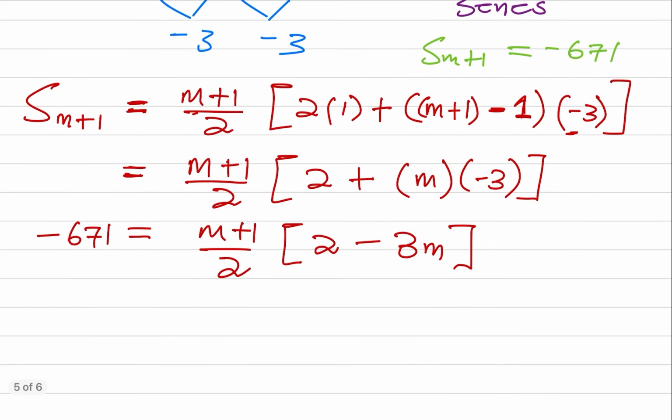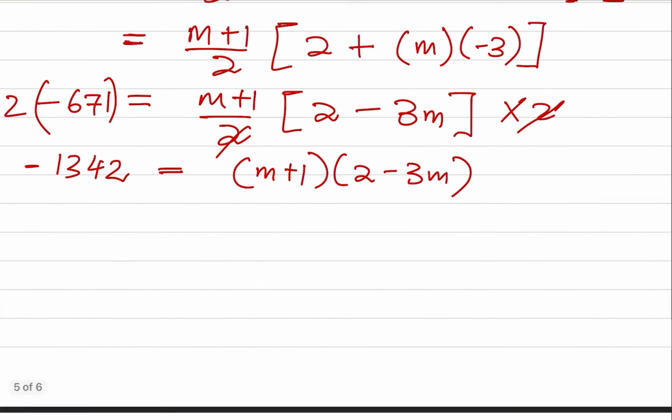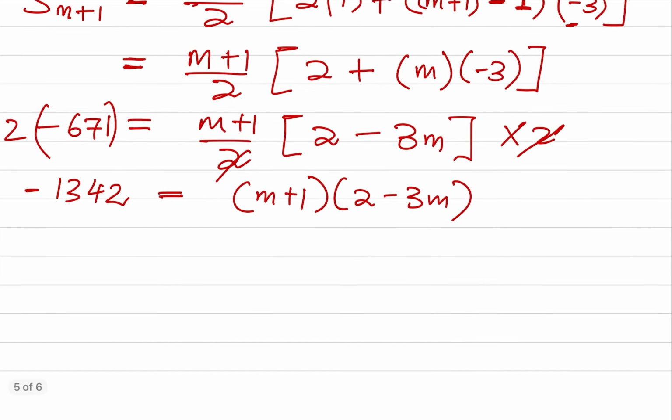So 2 times 671, we get negative 1342. Then this and that will cancel away. Then we have m plus 1 times 2 minus 3m, like that. Are we happy? So this is how we solve this one.